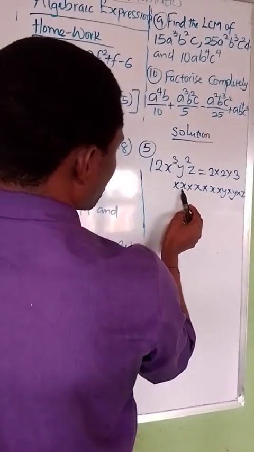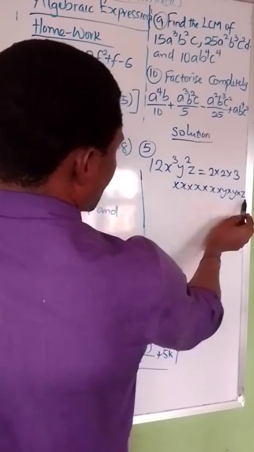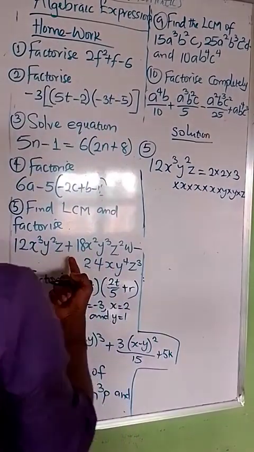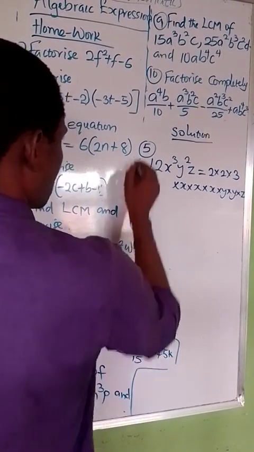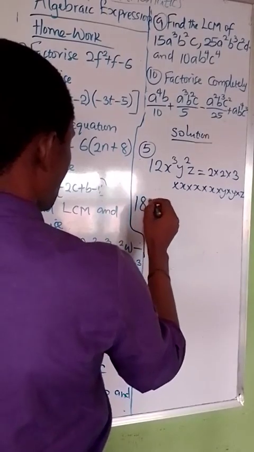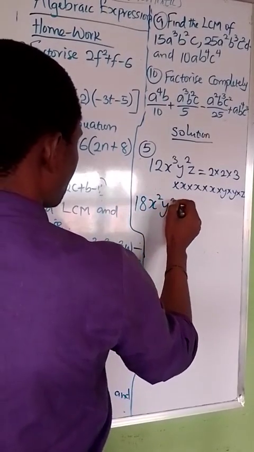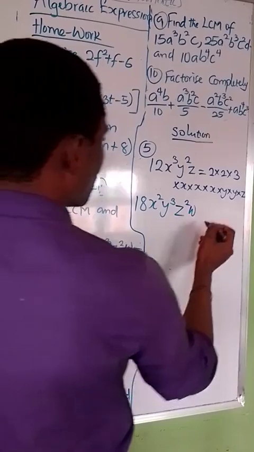Remember, x is 3 times: 1, 2, 3. y is raised to power 2: 1, 2. z is 1. Then you move to the next one, that's 18x squared y cubed z squared w.